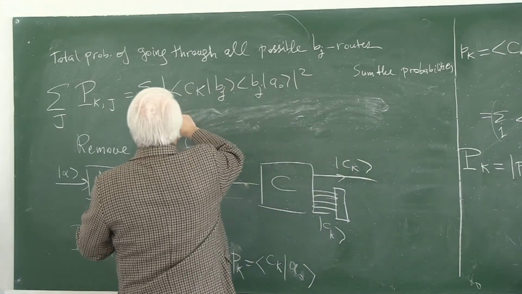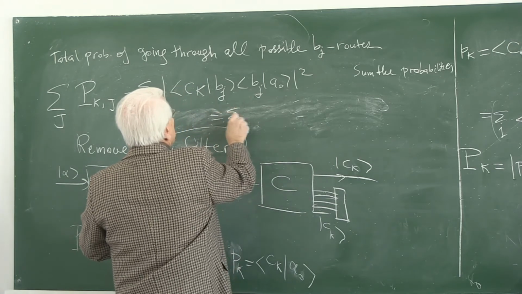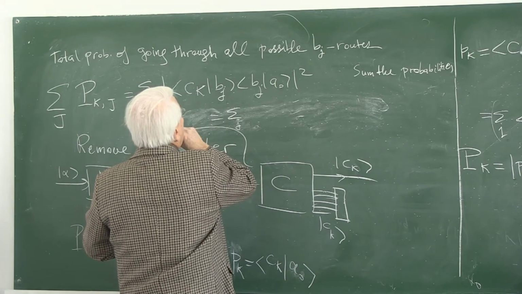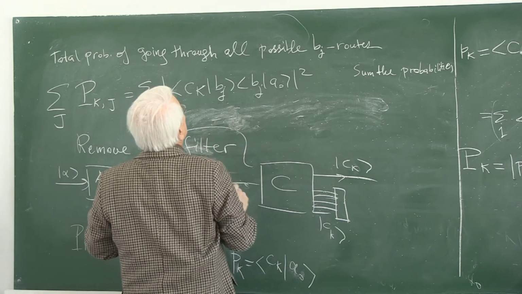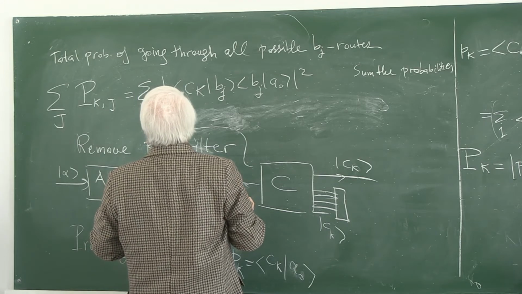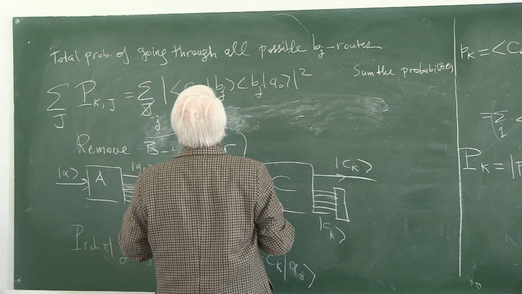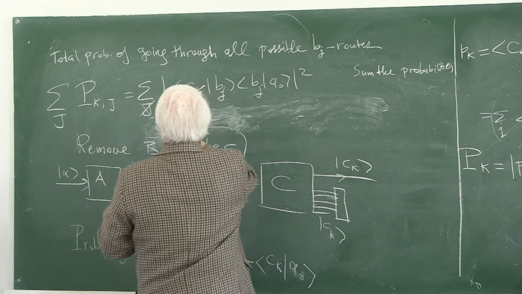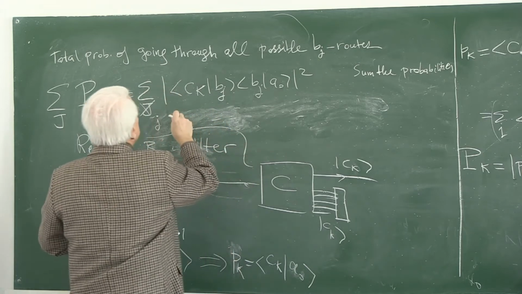With something which I erased before, let me rewrite it. What was its expansion? How do I write this? First of all, I have to sum that. There is a summation over j, b1, b1. So that's a single summation indeed.